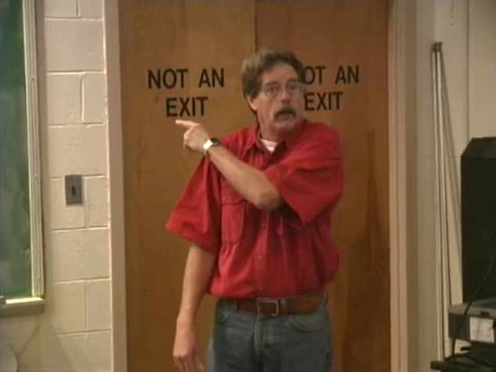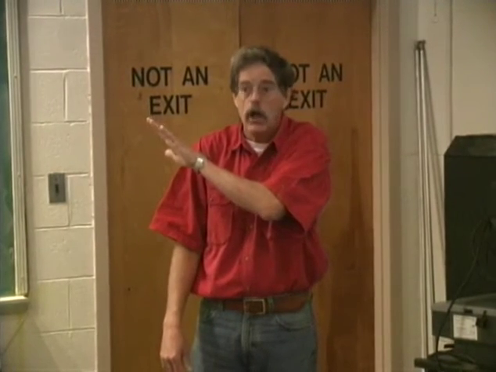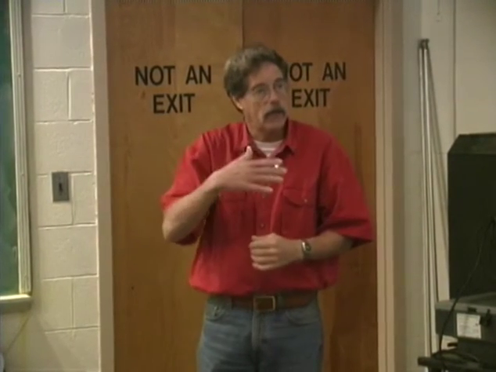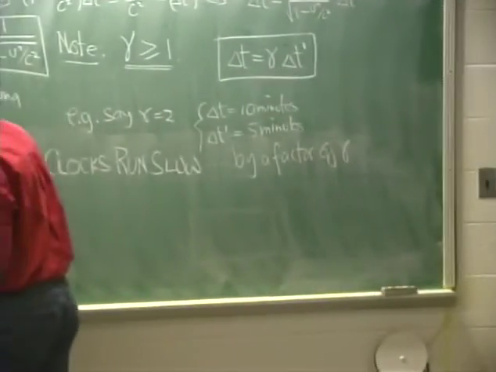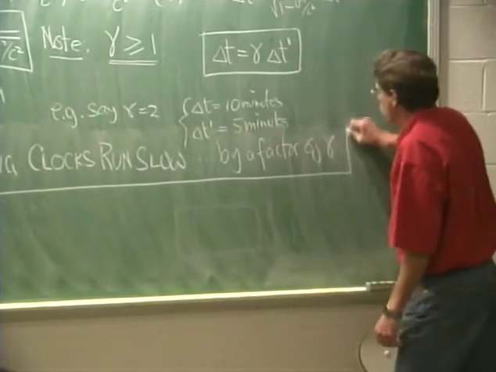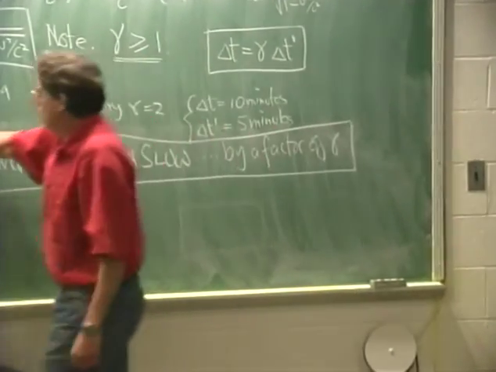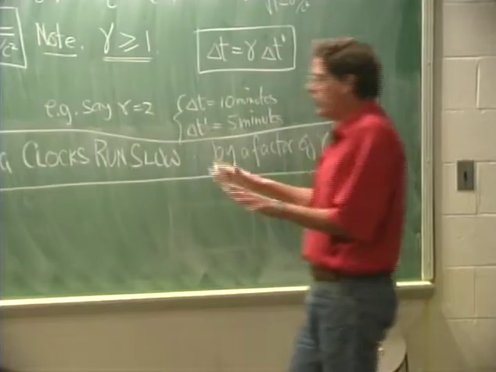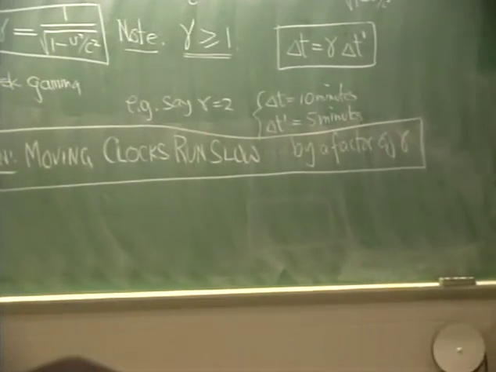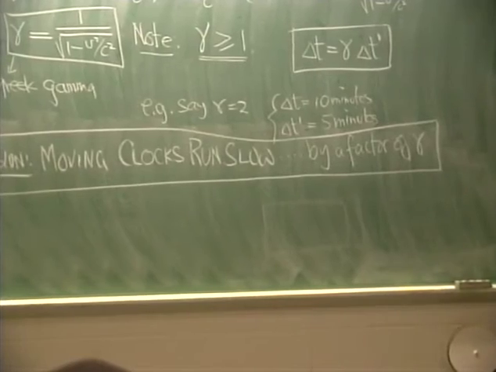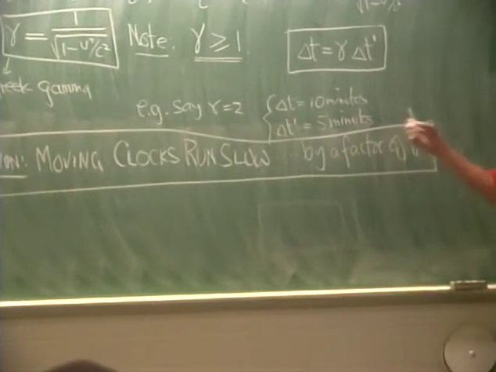You stick the gamma on whichever side of the equation you need to make it come out that the time interval on the moving clock was less than the time interval on the stationary clocks. It's easy if you don't become a slave to the equations and instead think about what's happening. Moving clock runs slow. How much? Factor of gamma. All of this is what we call time dilation.